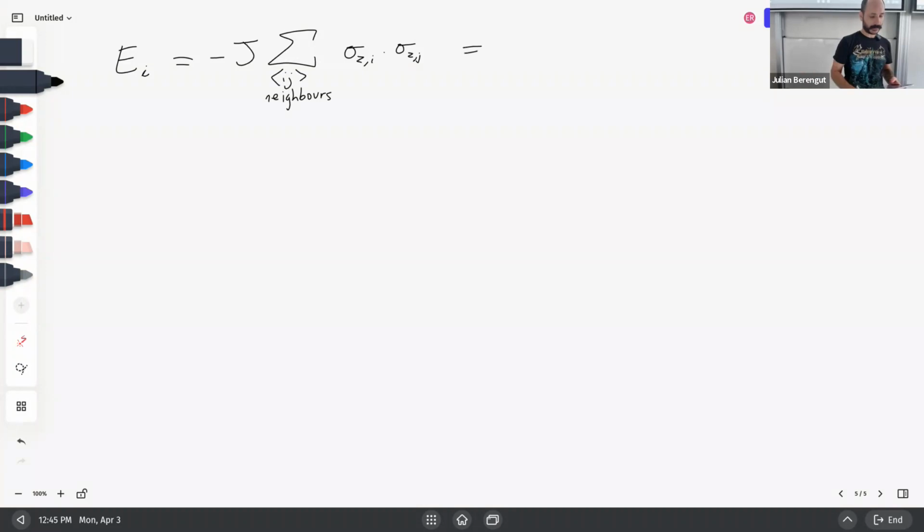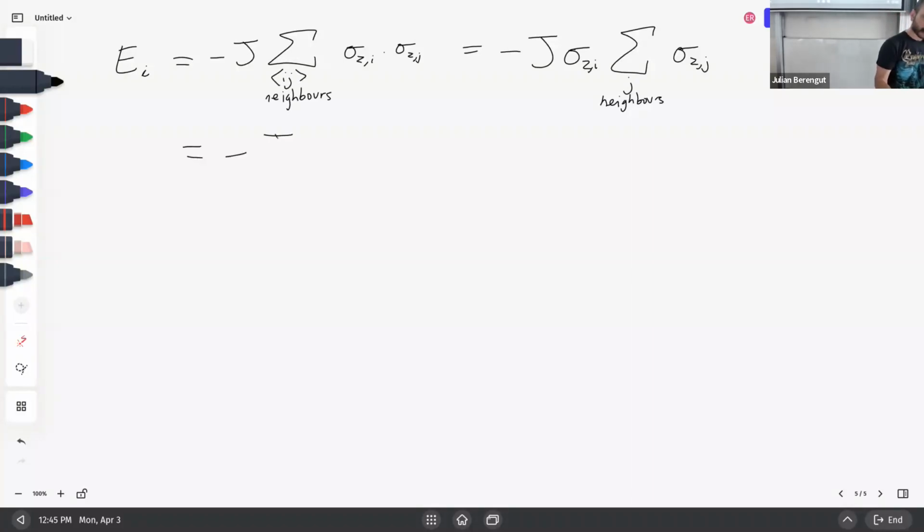So for one of the spins, I can write minus J, sigma z i is the same for all of them. Then I have to sum over all of the neighbors, sigma z j. How many neighbors are there? D. I've got D of them, and they have an average spin.